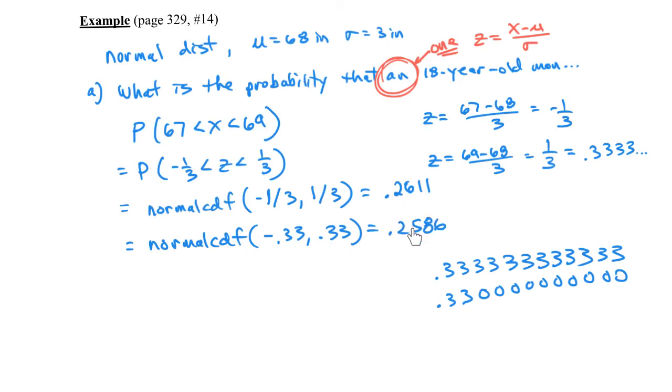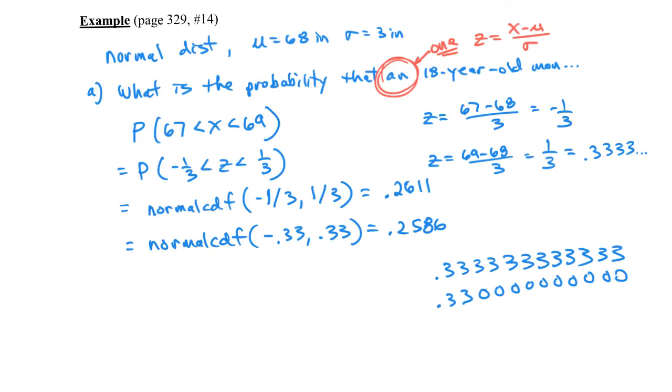So even though this one doesn't look all that close, if you get this and the book has this, you're fine, right? You're just using a calculator that has more significant digits. But okay, so that part A is talking about the probability for one person. So then part B says, if a random sample of 9 18-year-old men is selected, what is the probability that the mean height is between 67 and 69 inches?